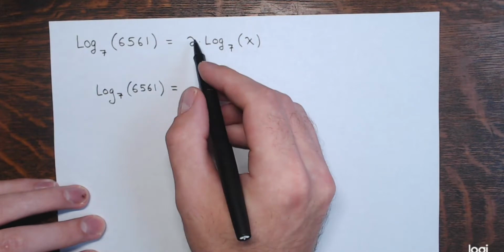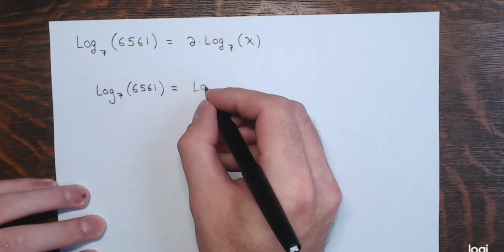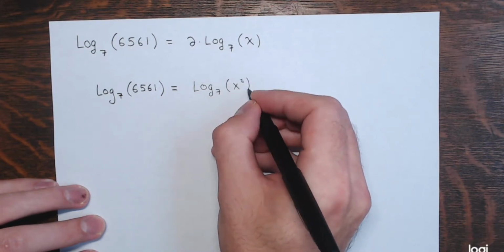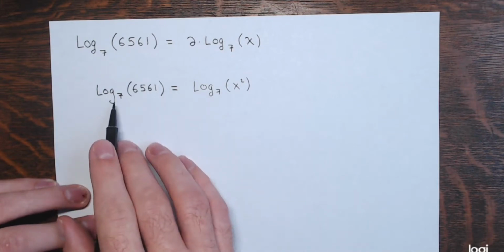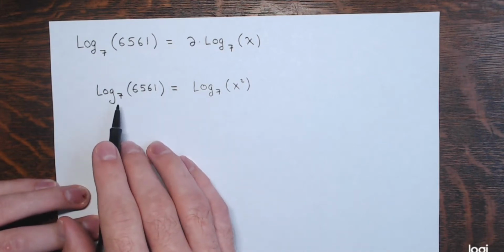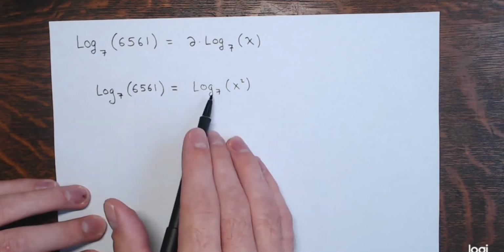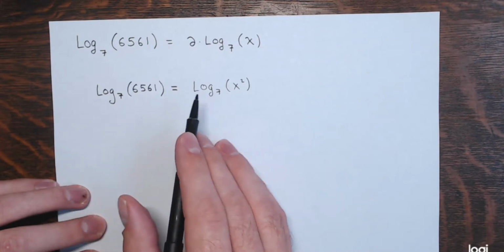I'm putting the 2 in using the power rule, the power property. This is the log base 7 of x squared. Now I have what I want in order to be able to apply the one-to-one property. I have a single log with the same base on both sides. Now the only way these are going to be equal is if their arguments are equal.